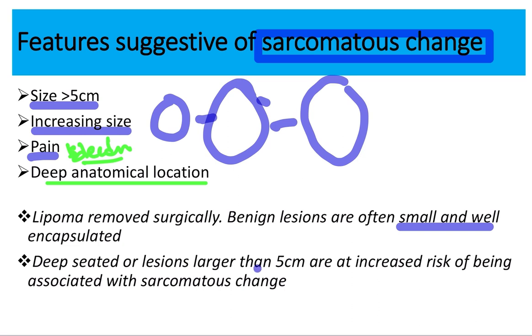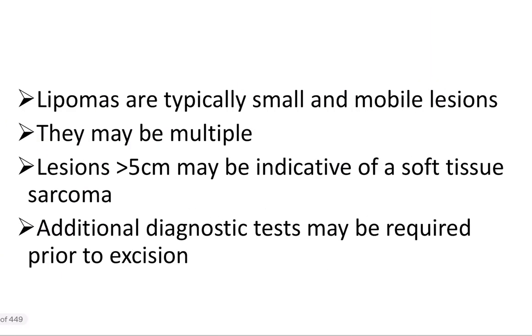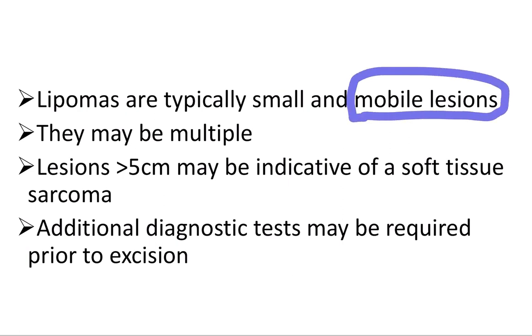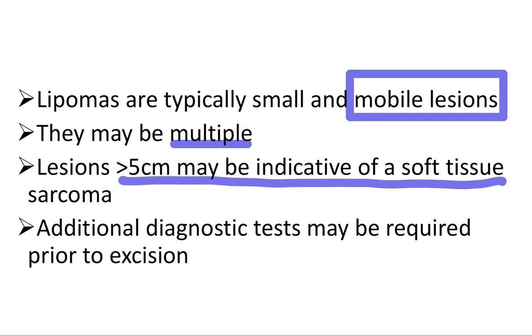Deep-seated lesions or lesions larger than 5 centimeter have increased risk of being associated with sarcoma. Lipomas are typically small and mobile lesions. So when it becomes fixed from the mobile position, it is another suspicion for sarcoma. And lesions more than 5 centimeter may be indicative of soft tissue sarcoma, which is a malignancy.